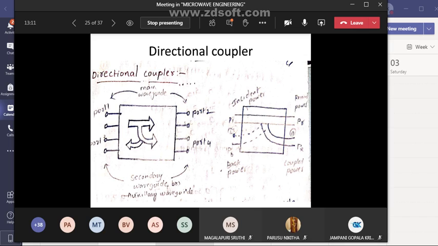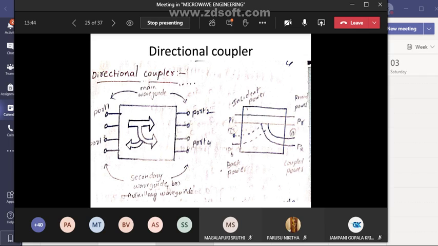A portion of power traveling from port 1 to port 2 is coupled to port 4, not to port 3.